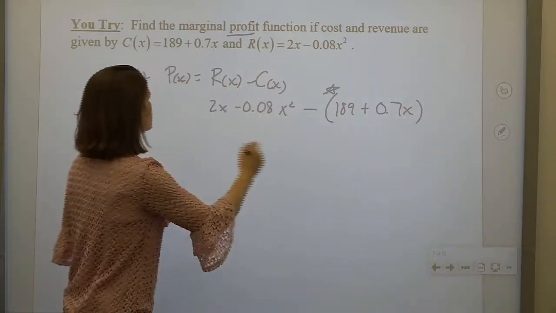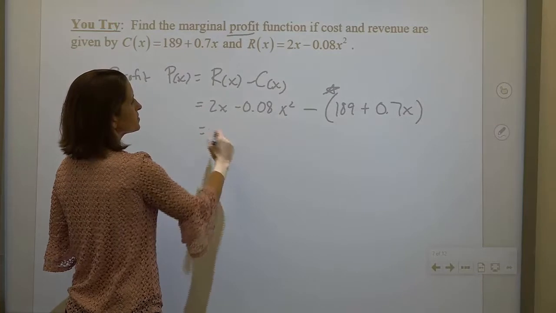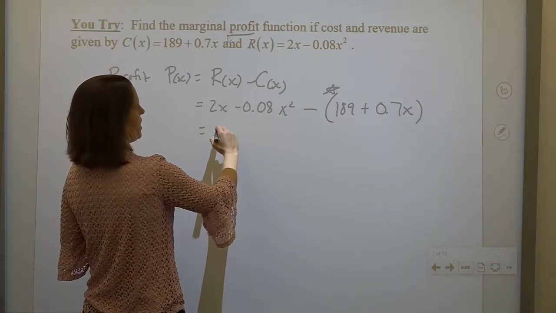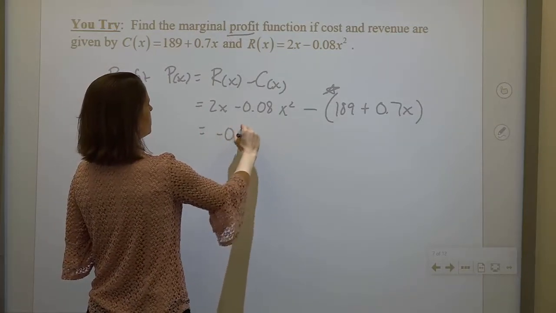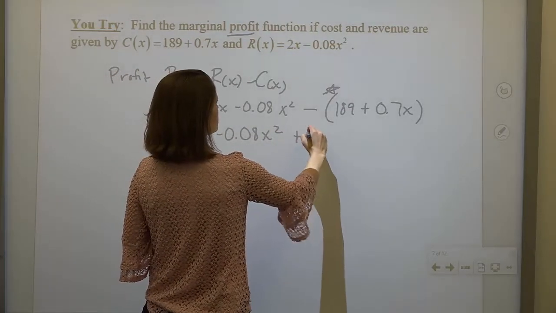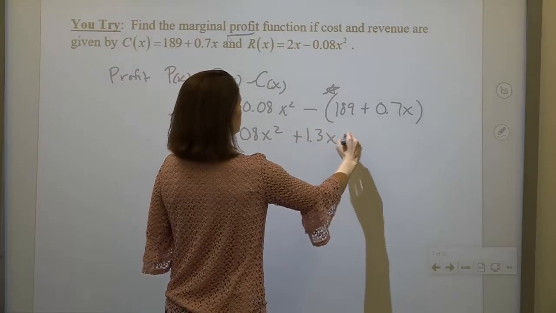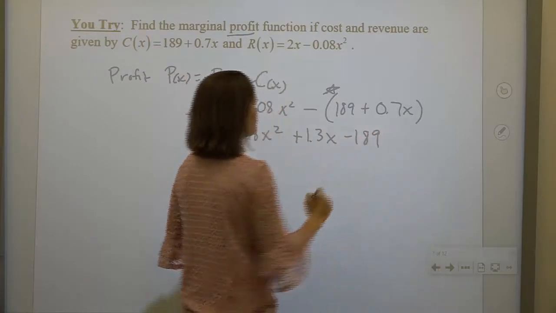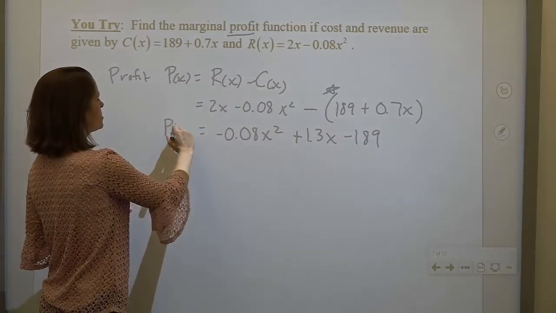All right, so we would need to distribute, and we would have negative 0.08x squared plus 1.3x minus 189. So that is our profit function.